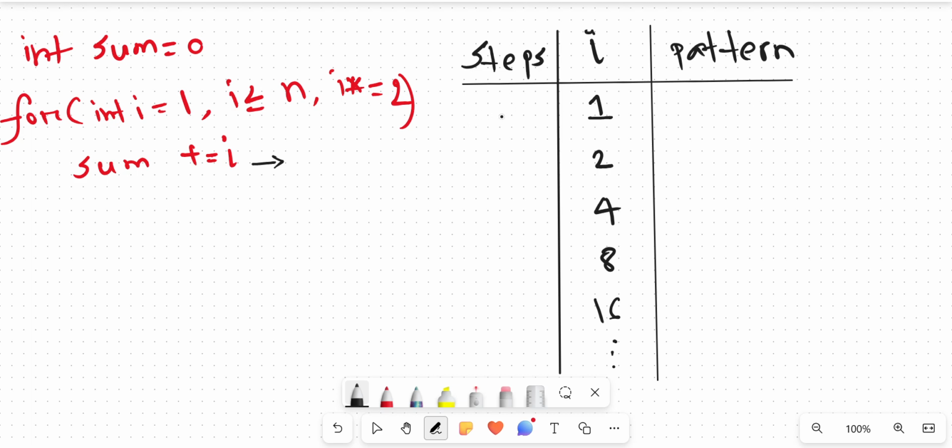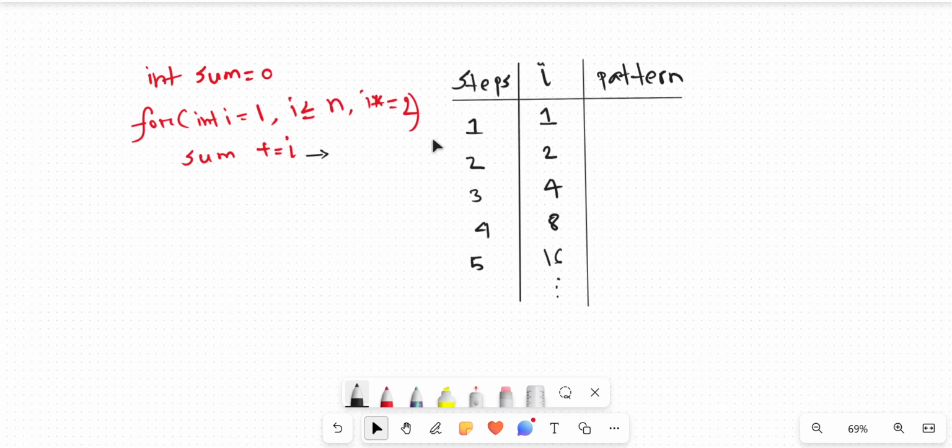So at my first step, second step, third, fourth and fifth step, let's assume the number of steps is p, and my i becomes n.